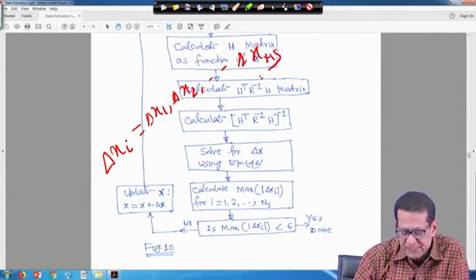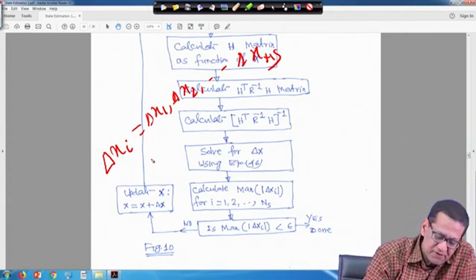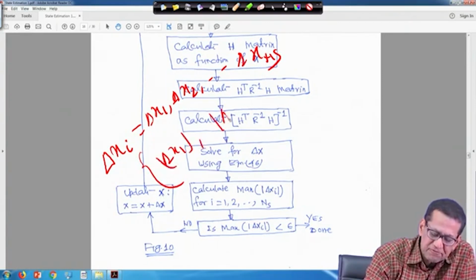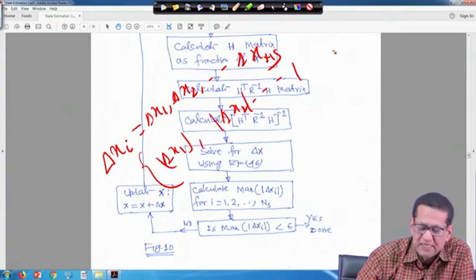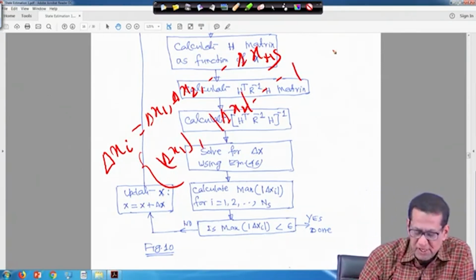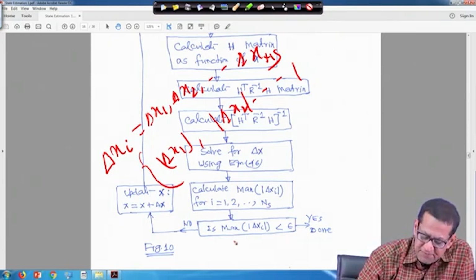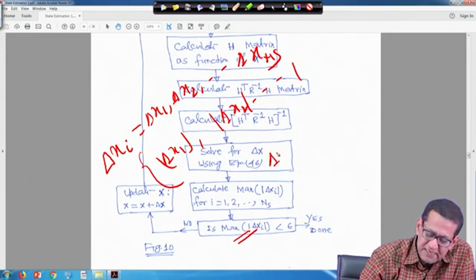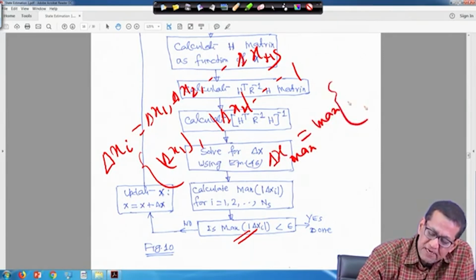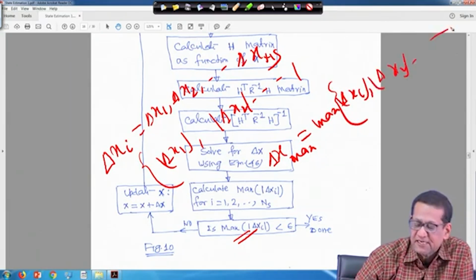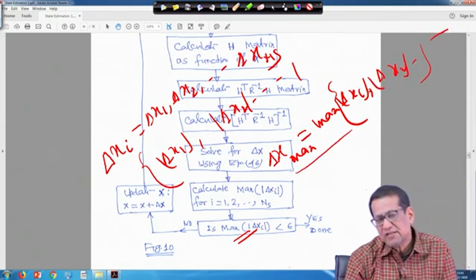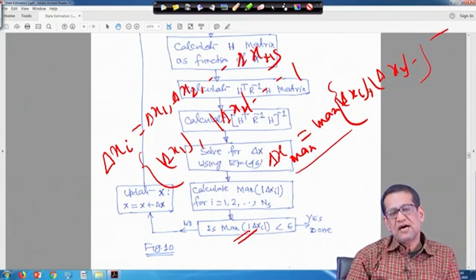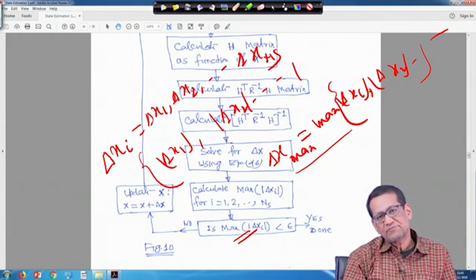Every time you are trying to find out the mismatch, you take the absolute of delta x 1, then absolute of delta x 2, all for n state variables, out of which you find the max of that. That means, suppose delta x max is equal to the max of delta x 1, delta x 2, like this. You take all the delta x values, and take the maximum one, the absolute value of course, right.